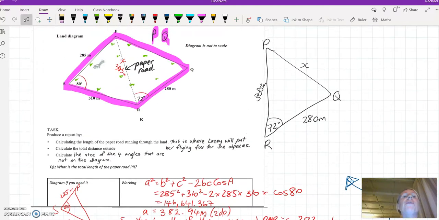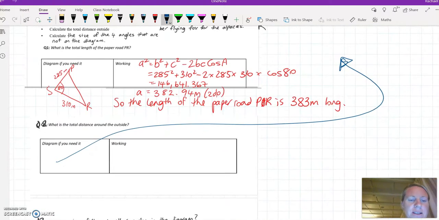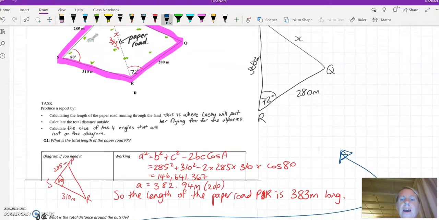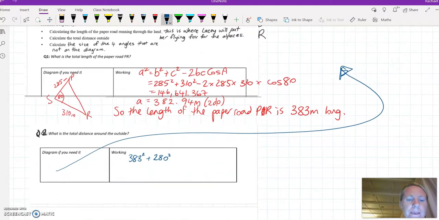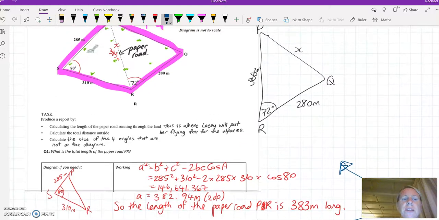So what have we got? 383 squared plus 280 squared minus 2 times 383 times 280 times cos of, what is it, 72?